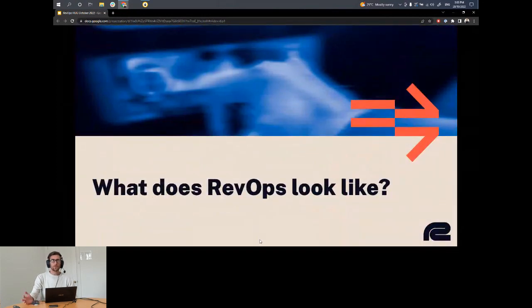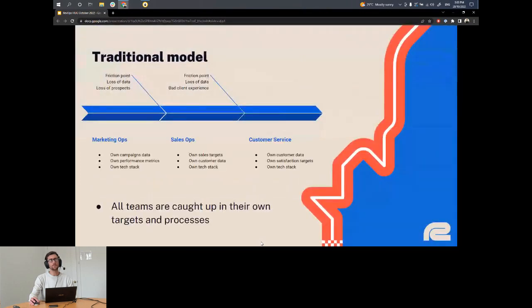So that's the quick definition of RevOps, but you're probably wondering what it actually looks like and how it works. So let's have a look first at what generally happens without RevOps. So traditionally, organizations work a bit like this.